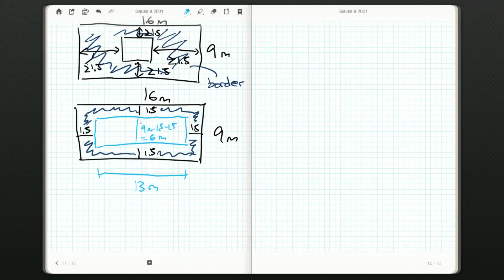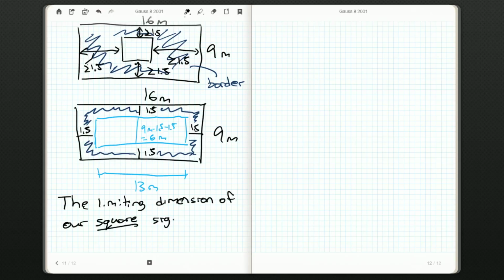And so this rectangle, its height could be at best 6, but its width could be all the way up to 13. So the limiting factor, or I guess we can call it the limiting dimension, is the height.